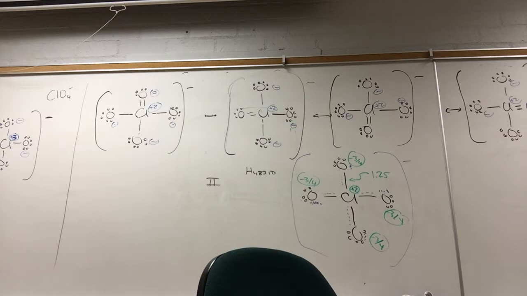But didn't I just draw this? Isn't this structure here, if I take this structure and just flip it like that, aren't they the same thing? No. What we do when we do resonance forms is we leave the atoms fixed and only move the electrons. And so if we leave the atoms fixed and move the electrons, this is a different electron distribution than any of those. And so this is a unique resonance form here.